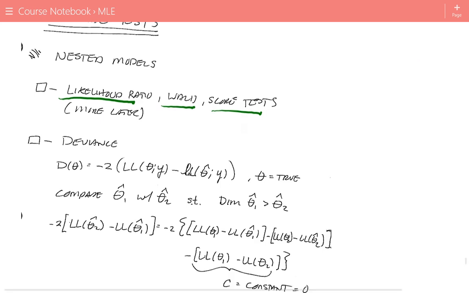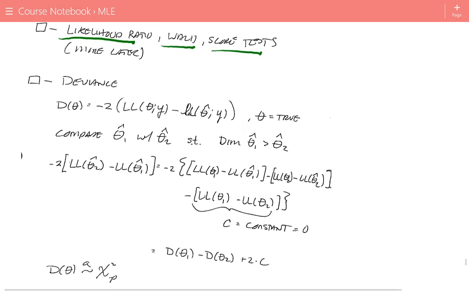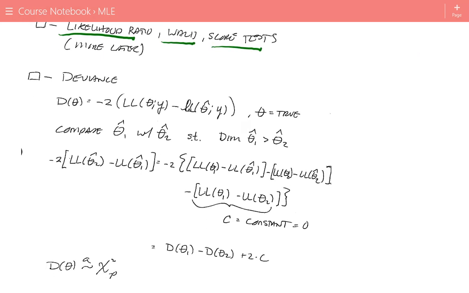You can use the deviance, as we mentioned above, the -2 times the log likelihood of theta minus the log likelihood of theta hat.